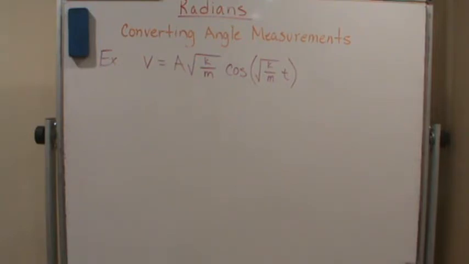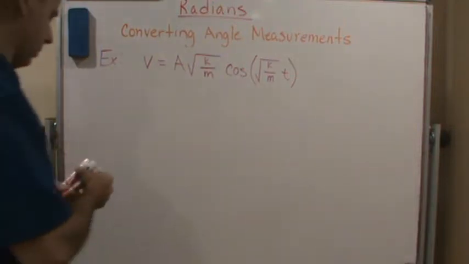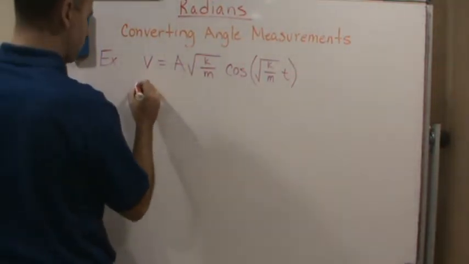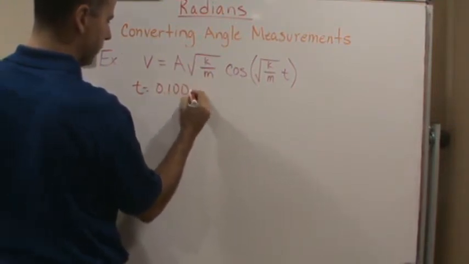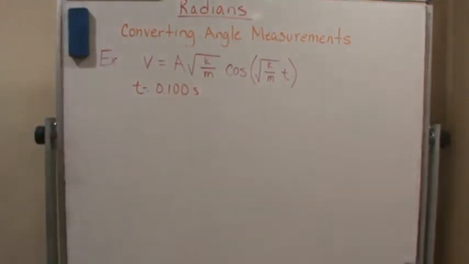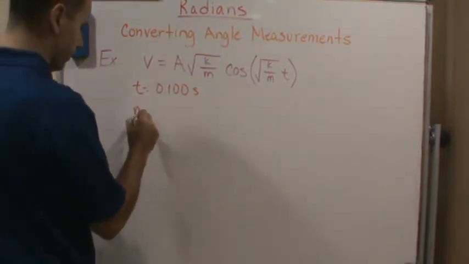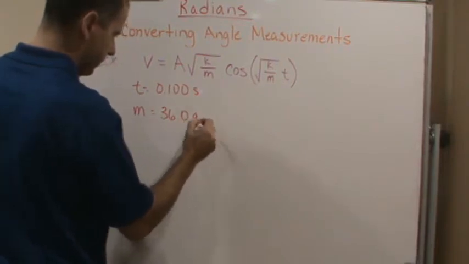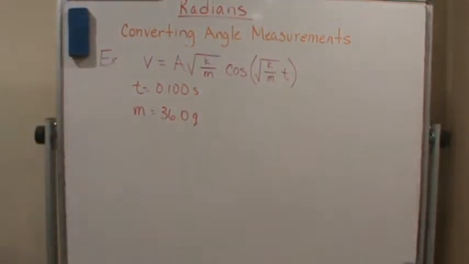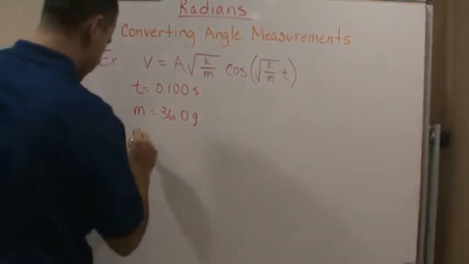Okay, so what do we know? We know T. T is equal to 0.100 seconds. What else do we know? The mass of the object is 36 grams. We also know that A is 5.00 centimeters.